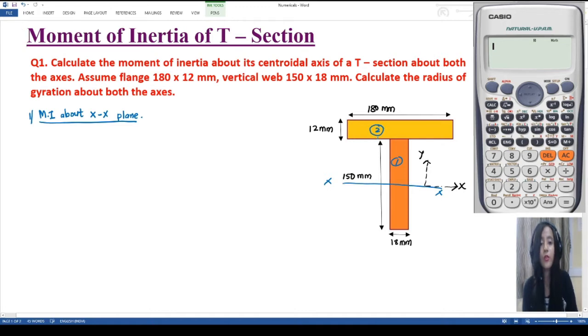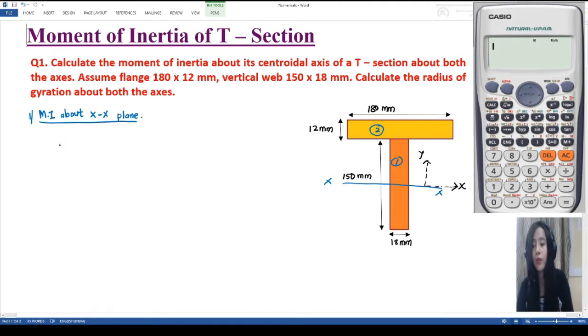You can go either way. If you make this 1, it is fine, and 2, this is also fine. I'm making the web portion as section 1 and the flange as my section 2. So you can solve it either way. Today I'm gonna go from bottom to top.